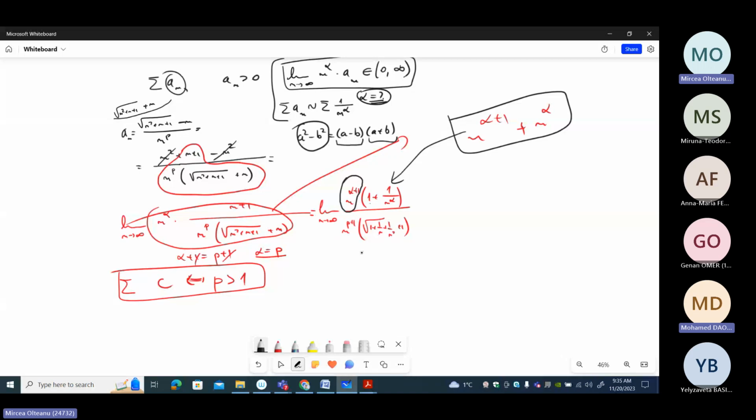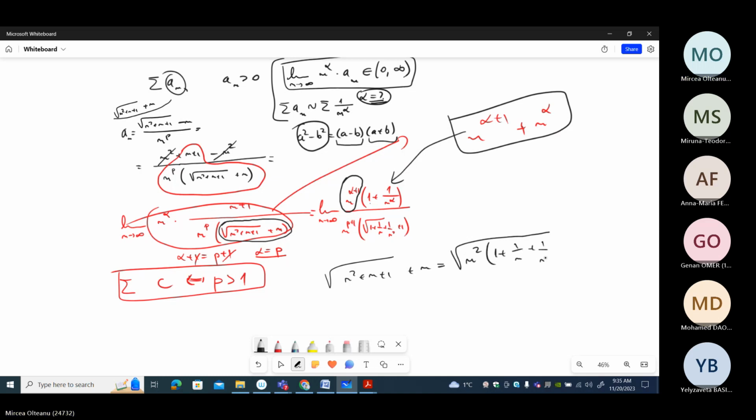For the work here inside the parentheses, the square root. So inside the square root, I take off the greatest power, which is n at 2. And now the square root of n squared is modulo of n, which is n because n is positive.